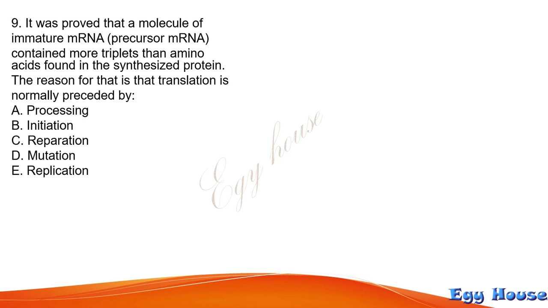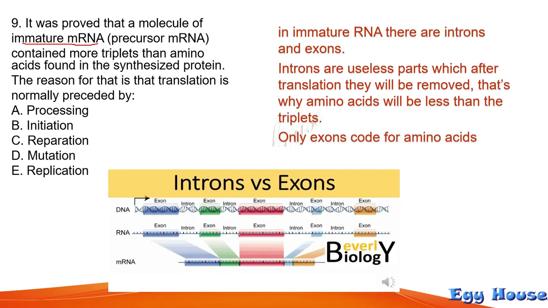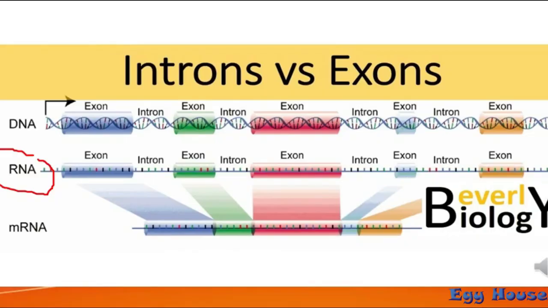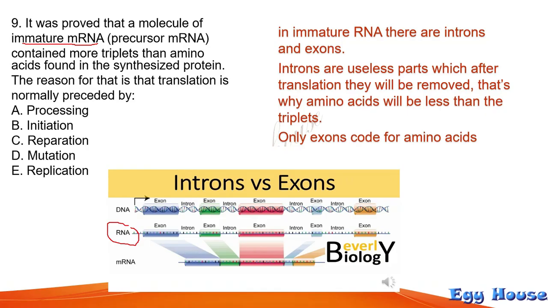Here we can see an immature mRNA, and I can show you here an immature RNA that contains more triplets than amino acids found in the synthesized proteins, and the reason is that translation is preceded by processing, and processing is a process where the introns are getting removed.